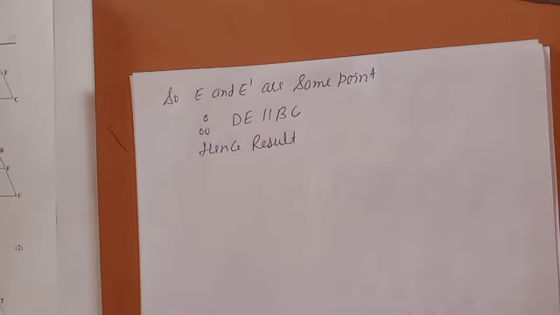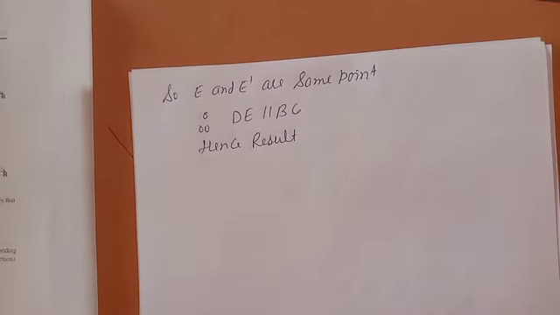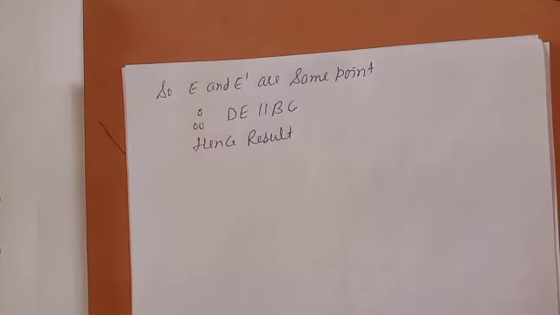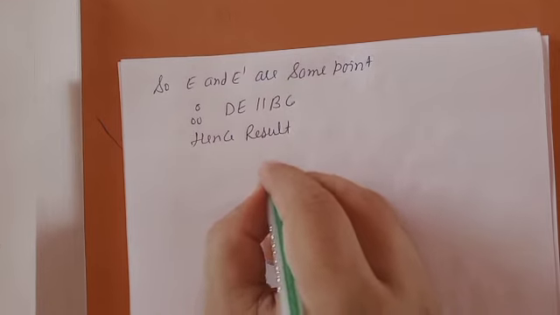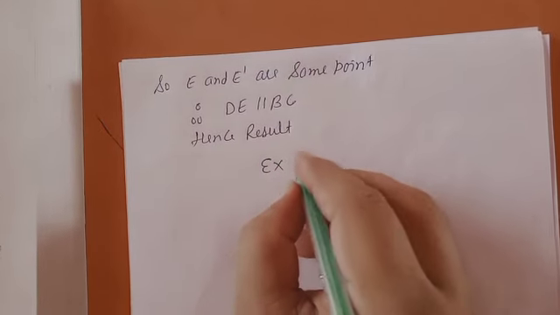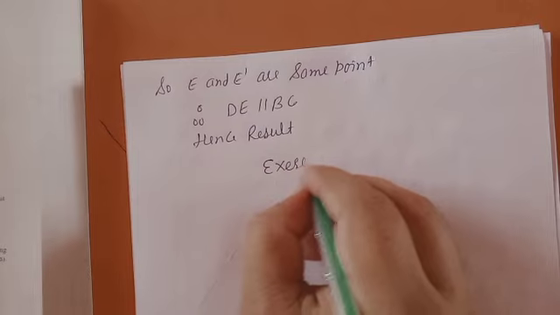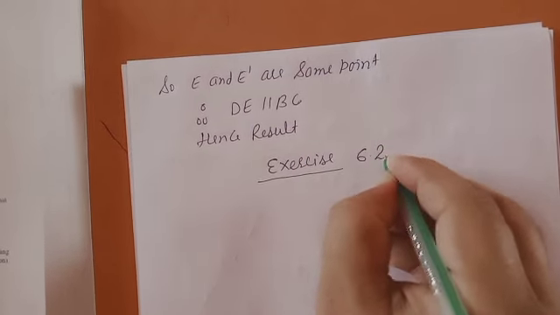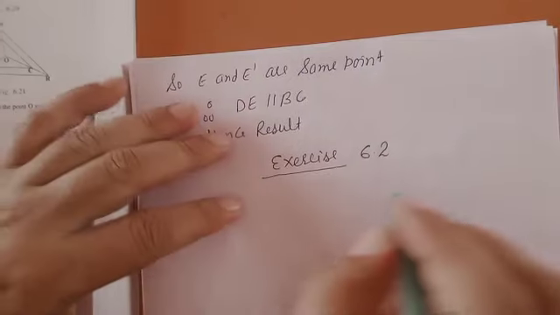Example number 1, example number 2, example number 3. Yes or no? We can start what? Exercise. Which exercise? Exercise 6.2. I will give you hints. You can solve. So first you can look one time.